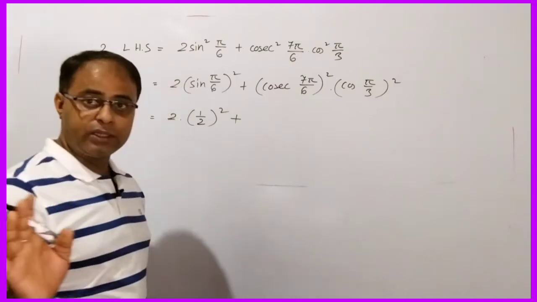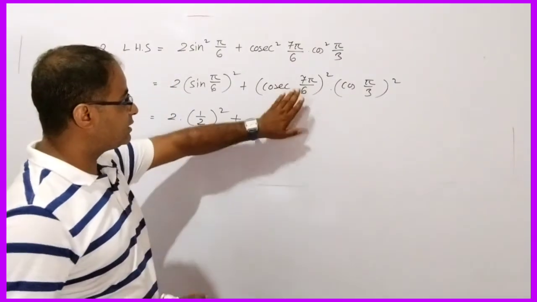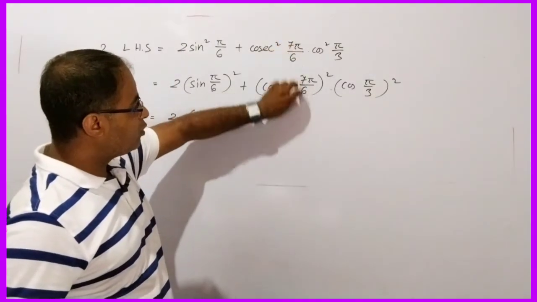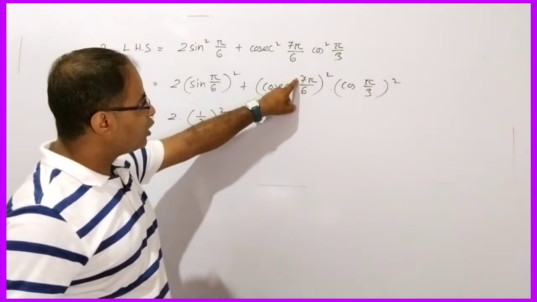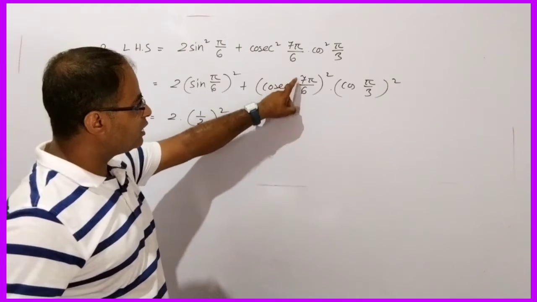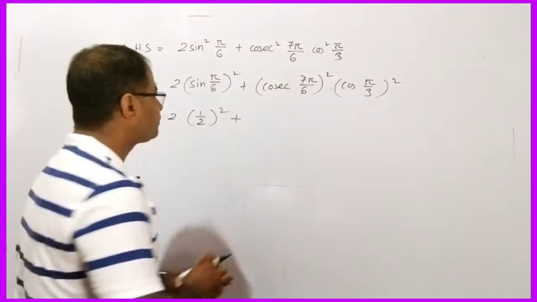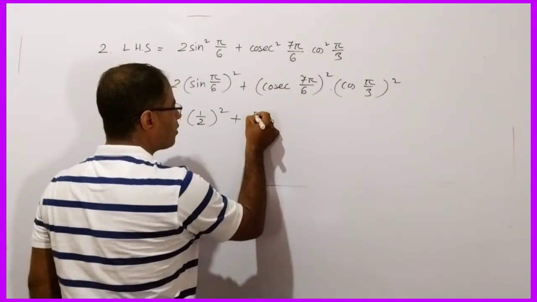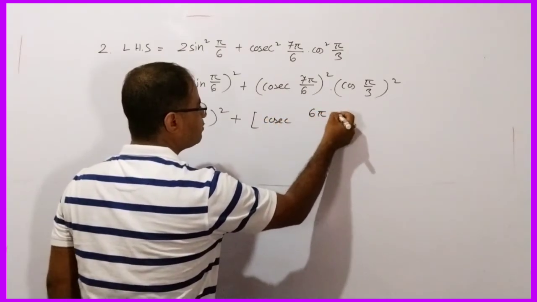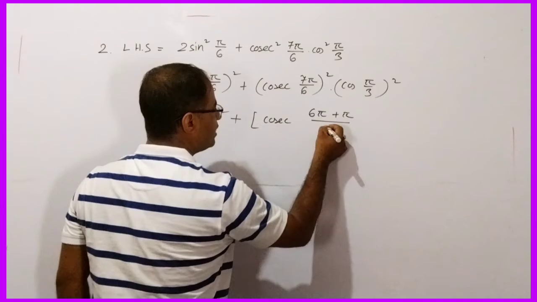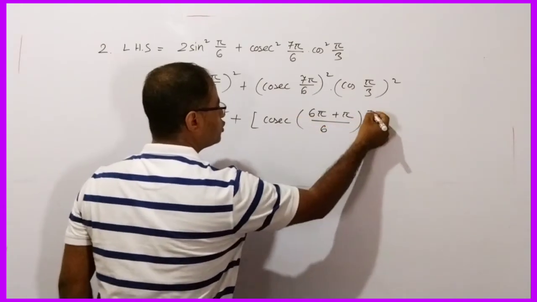Now remember one thing we learned in our last class, 7 pi by 6. Choose a value nearby 7 which is absolutely divisible by 6. So it is cosec 6 pi plus pi by 6, whole square.